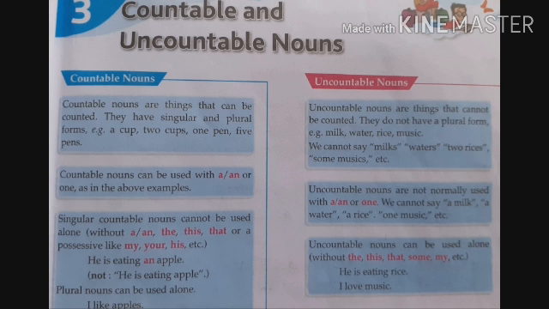Here the word "an" indicates a countable noun. Apple is one. "He is eating apple" is not right, because we can't know how many apples there are. It is not correct.